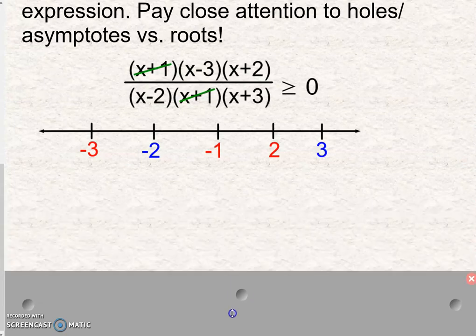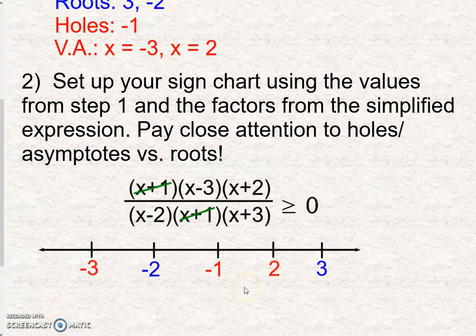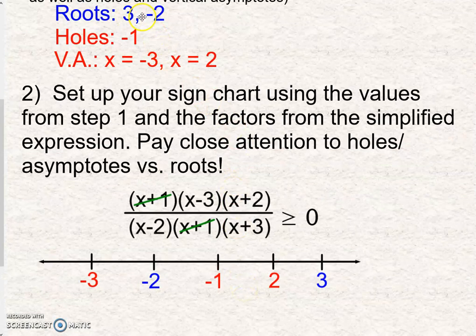So first of all, if you recall, I'll go back up here, we had a root at 3 and another root at -2. Those are here. And since we're allowed to equal 0, I want those roots to be solid circles. Now we have a hole at -1, a vertical asymptote at -3, and another vertical asymptote at 2.